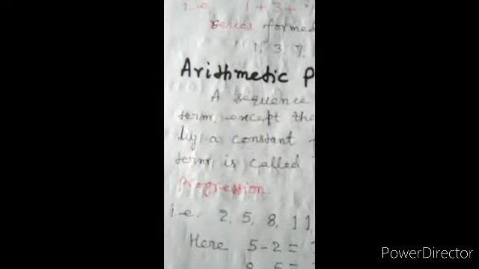There is a constant. The constant will be obtained by subtracting the previous term from any given term.